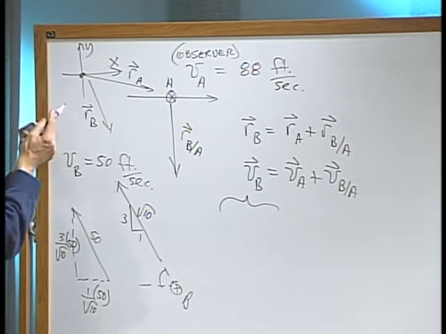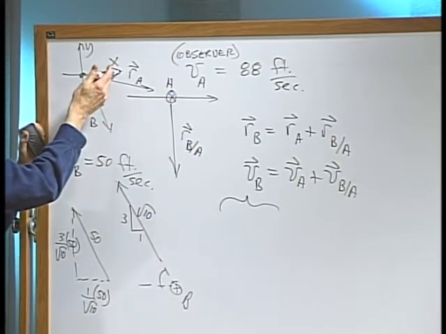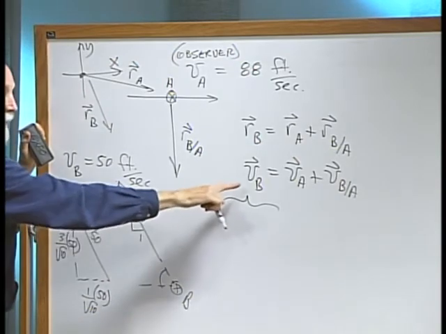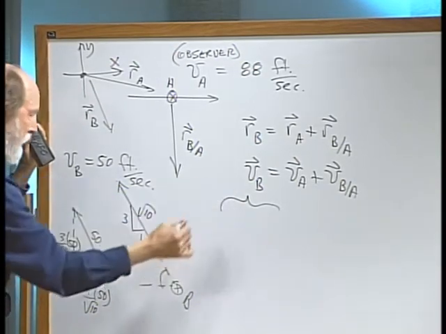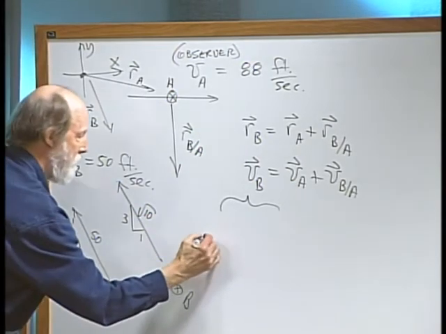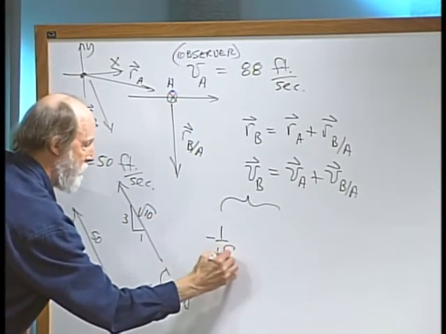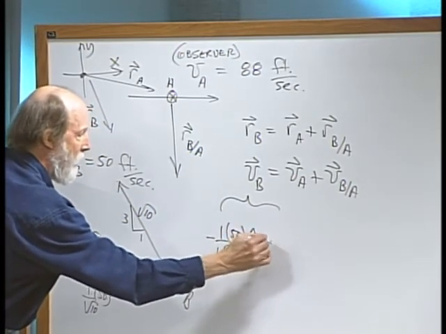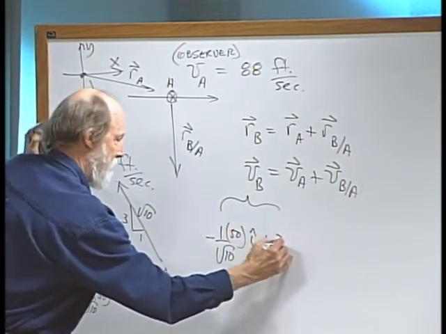And be very careful to assign the proper directions, x, y, when you write your vector. Be very careful there. So you're going to assign a negative to the x component, and a positive to the y component.